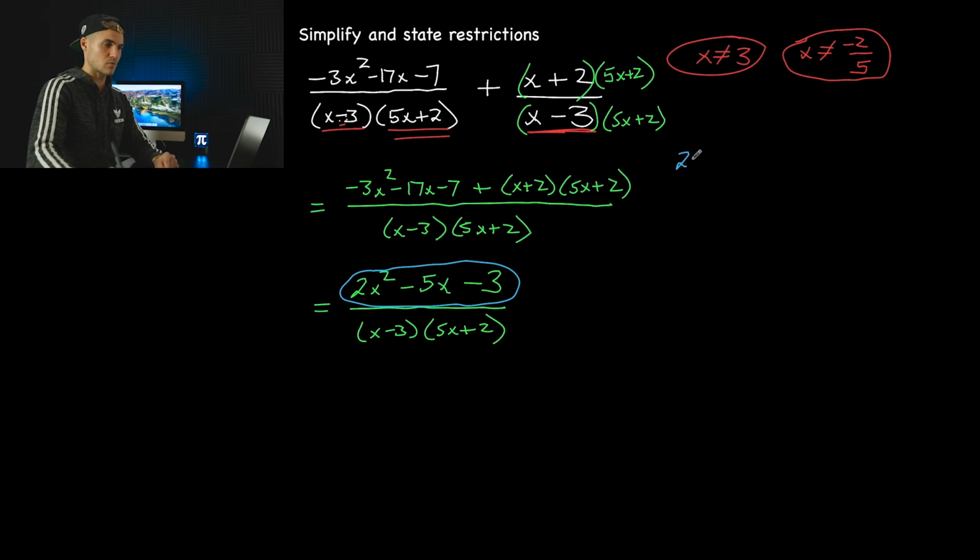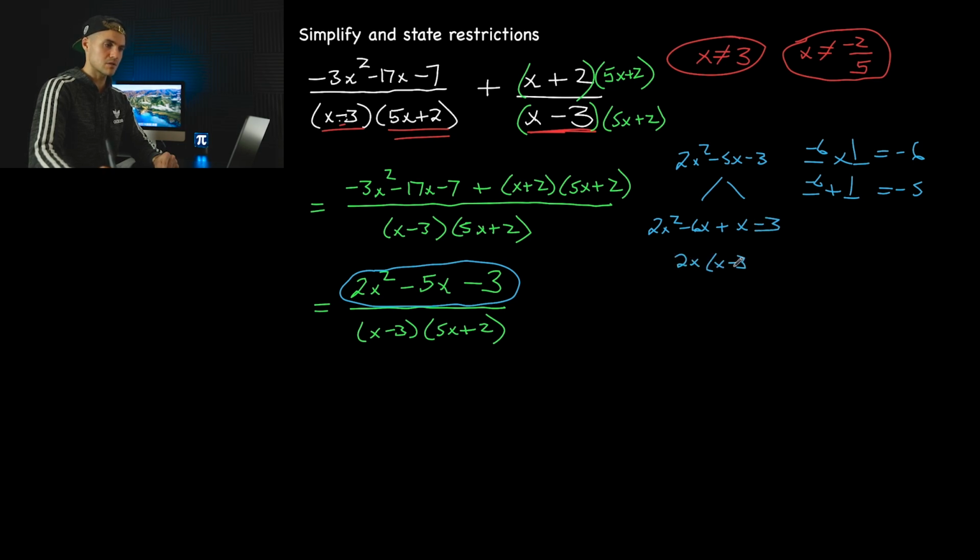So 2x squared minus 5x minus 3, we have to find two numbers that multiply to -6 and add up to -5, which would be -6 and 1. So we can decompose that: 2x squared minus 6x plus x minus 3, take out a 2x, x minus 3, and then from these two we could take out a 1, x minus 3.